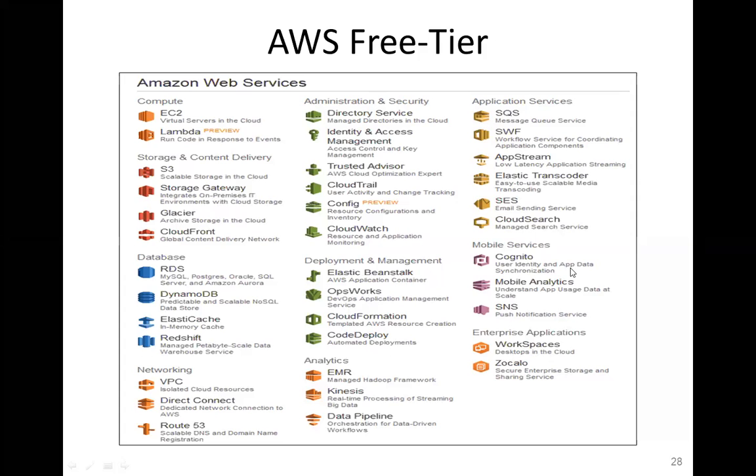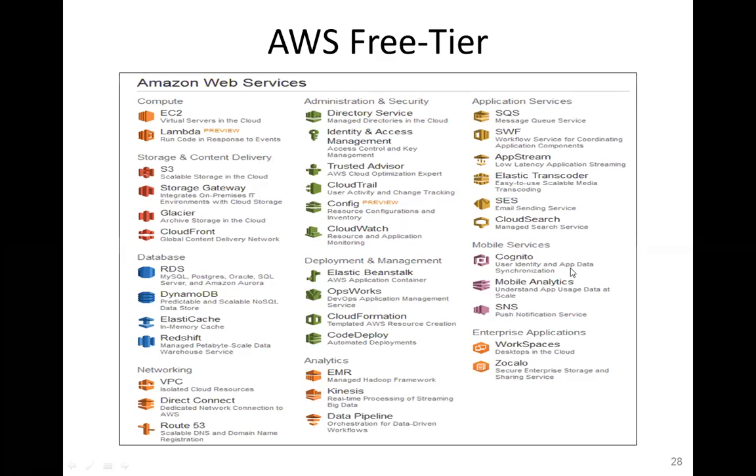Has anybody used this Cognito service? This is basically related to identity management, and you can hide your identity using this Cognito, and it provides application data synchronization also. Next is mobile analytics, SNS, push notification services.